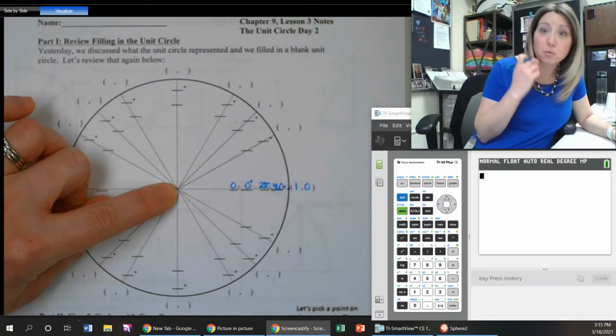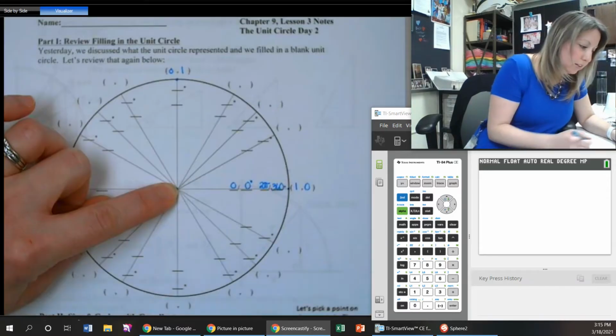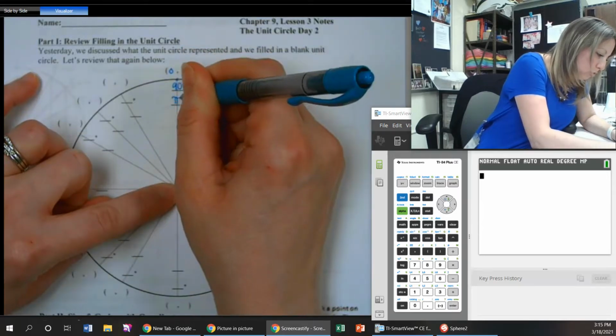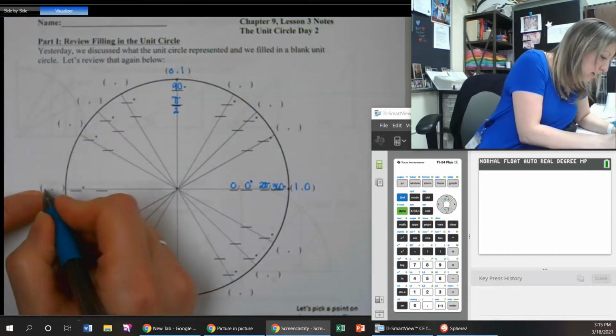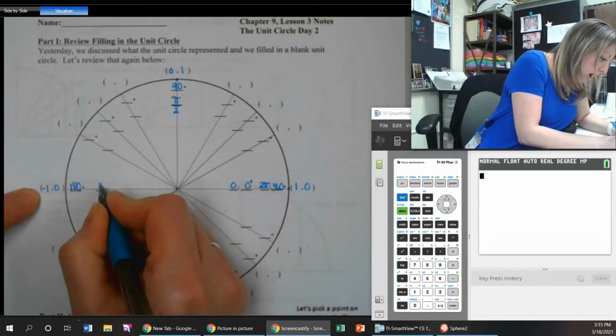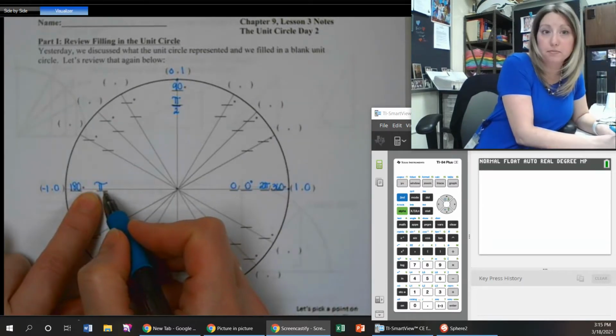Okay, we'll do the easy ones, right? Then up here is 0, 1 on the y-axis. That's 90 degrees, and that would be pi over 2 radians. Back over this side, negative 1, 0, 180 degrees, and pi number of radians. So a half circle is a total of pi radians.